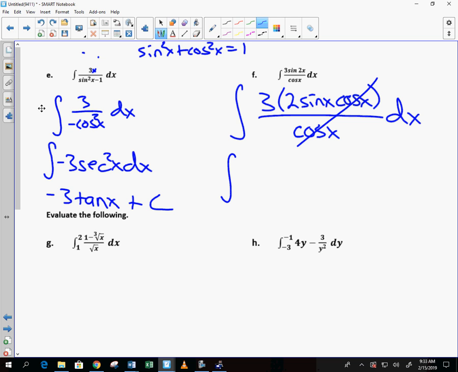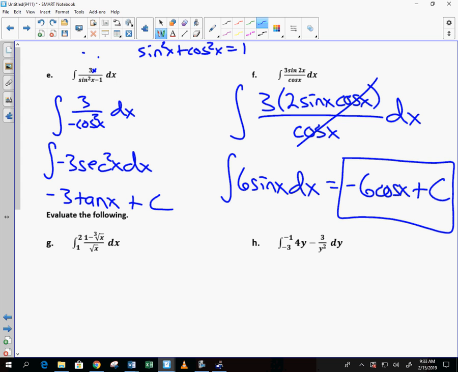Yeah, this becomes the integral of 6 sine of x dx. What's the antiderivative of 6 sine of x? Not too bad, huh?